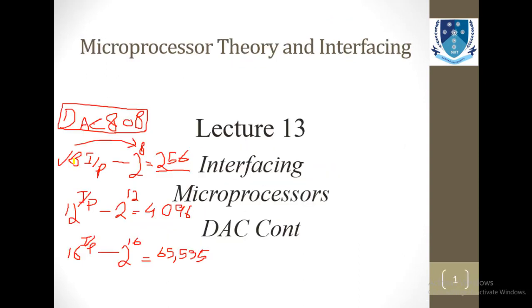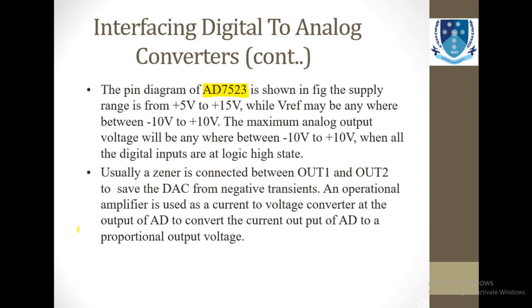You cannot use 12 inputs in the 8-input IC, and similarly you cannot use 16 inputs in it. If you want to use 16 input pins, you will have to use the other IC. So with the change of your input and output, you have to change your IC, but this is not the case with the AD 7523.